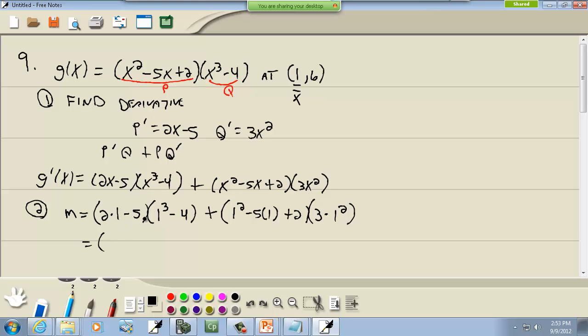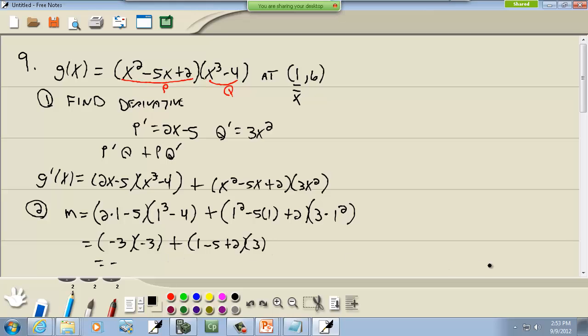Well, 2 times 1 is 2, minus 5 is negative 3. 1 to the third is 1, minus 4 is negative 3. Let's see. Yeah, negative 3, negative 3. Over here, 1 squared is 1, minus 5, plus 2. And 1 squared is 1 times 3 is 3.